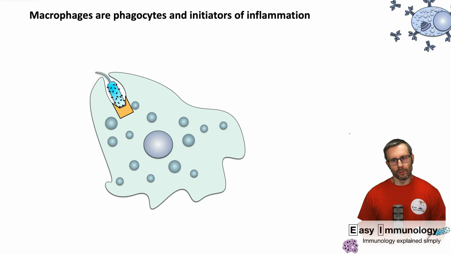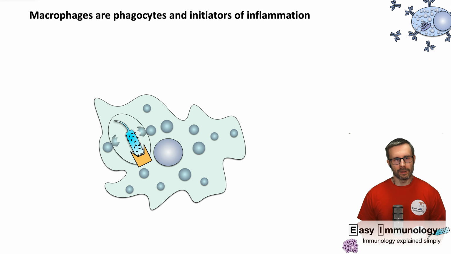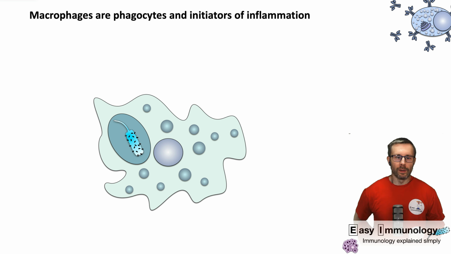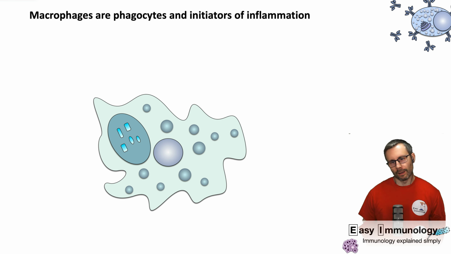Then the phagocyte flows around that pathogen until it finds itself on the inside of the phagocyte in something that we call an endosome again. And the endosome then fuses with lysosomes, which contain a lot of proteases and toxic molecules. And then the bacterium gets degraded within these endolysosomes into peptides, and then the bacterium is gone.